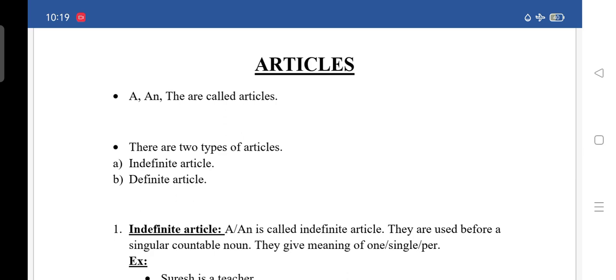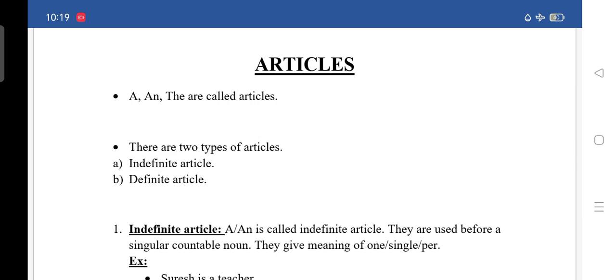Whereas in the second one, he is an intelligent student. You may be thinking, Miss, student is also singular here. Then why are we writing an here? I'll tell you why. Because in the first sentence I have only explained that he is a student. Whereas in the second sentence, what I am telling is, he is an intelligent student.